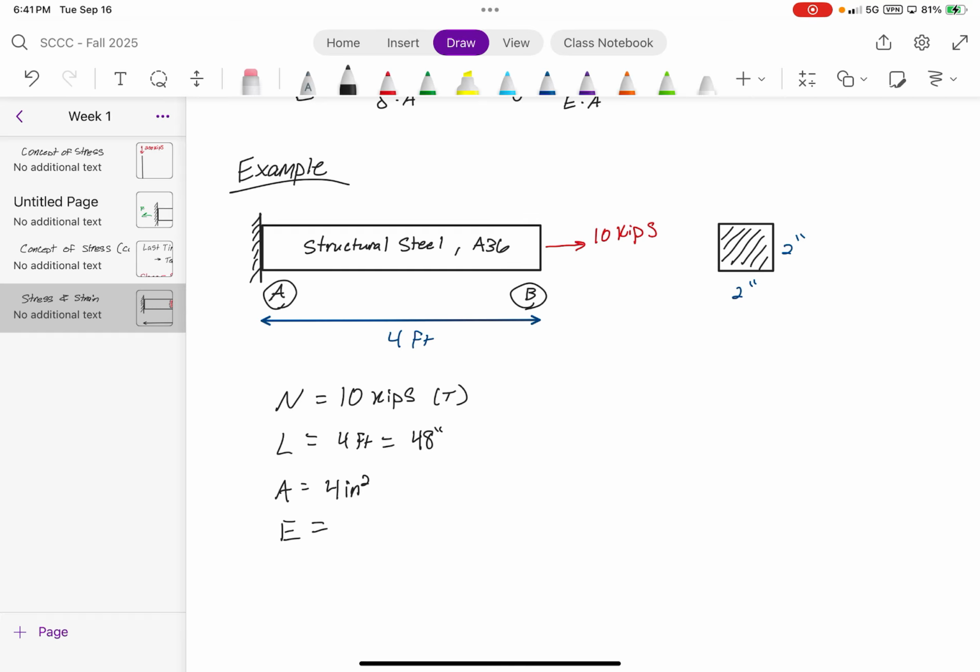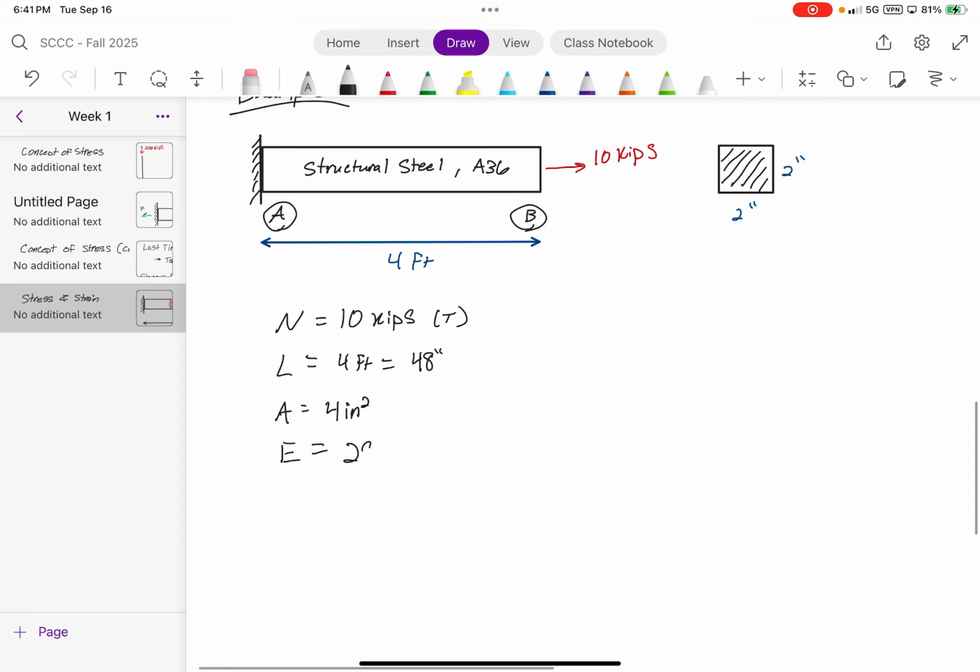So the elastic modulus for steel is 29 times 10 to the 6th, which is equivalent to about 29 million pounds per square inch. It seems like a very large number, but trust me, it is not really. So the elastic modulus is 29 times 10 to the 6 psi.